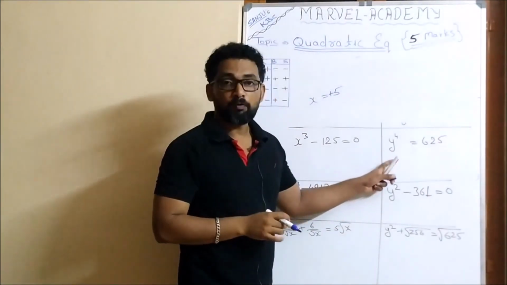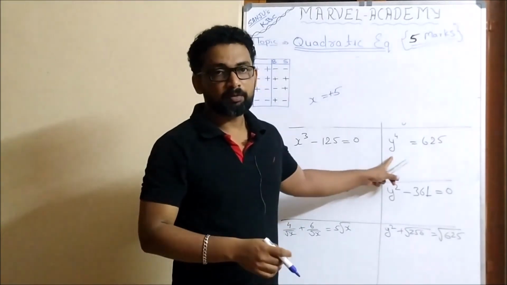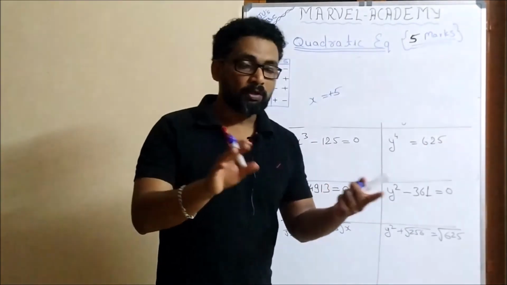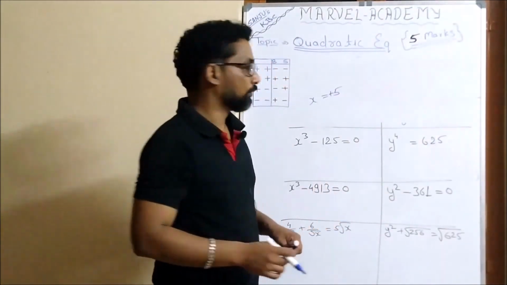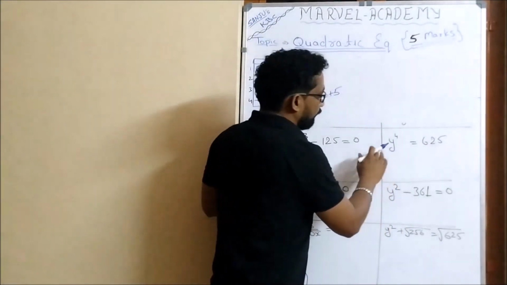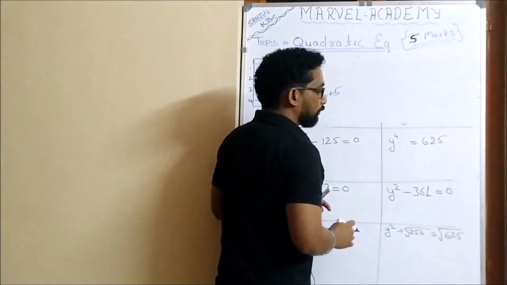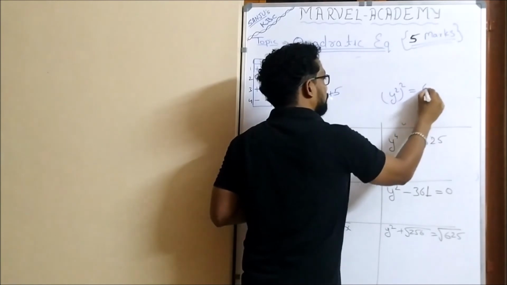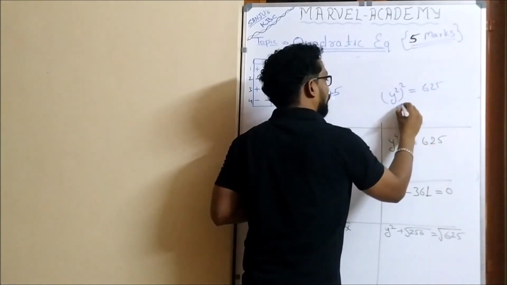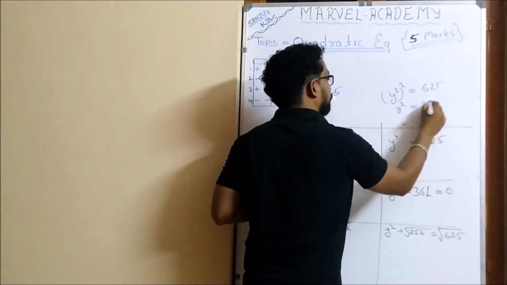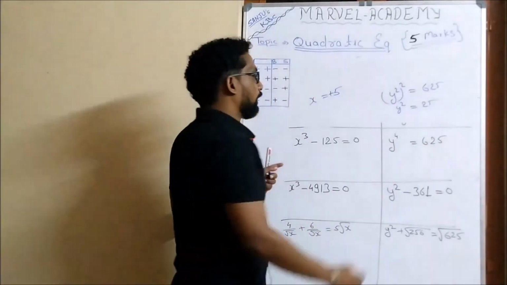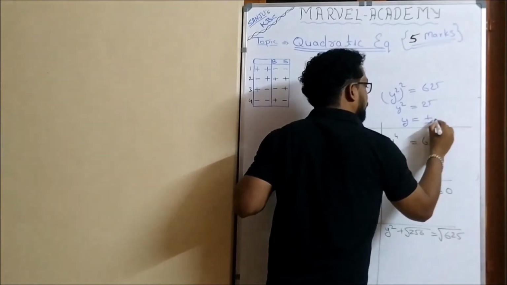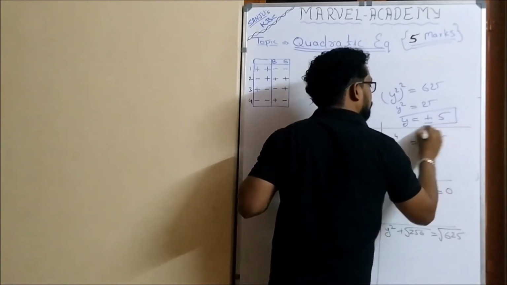Here the power of y is an even number, so definitely you will get one positive and one negative value. So y power 4 is 625. You can write it as y power 2 equals 625. So y power 2 equals 25 and y equals positive and negative 5.